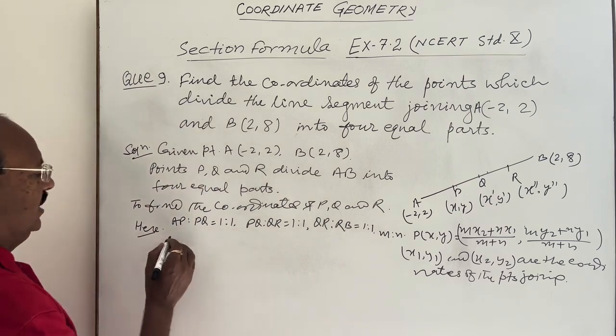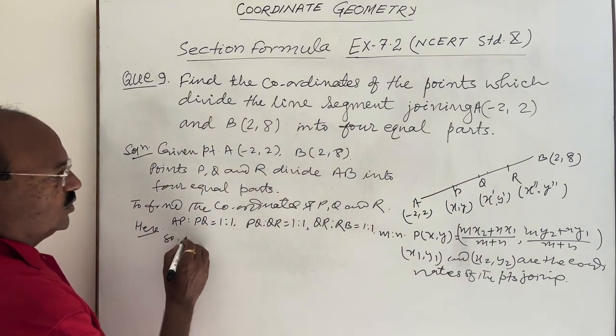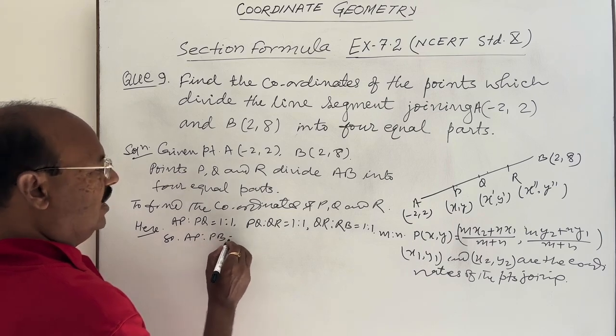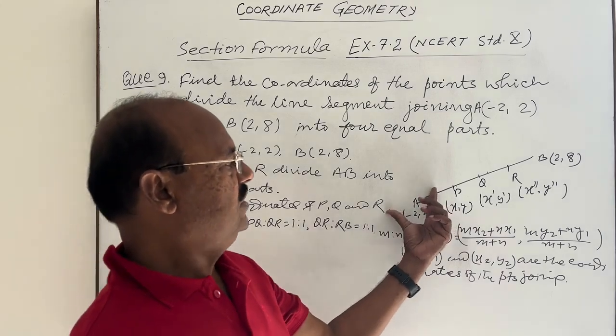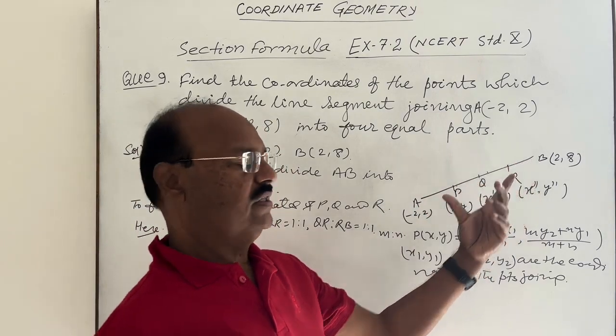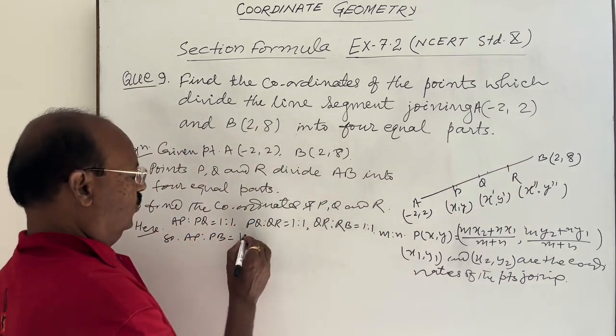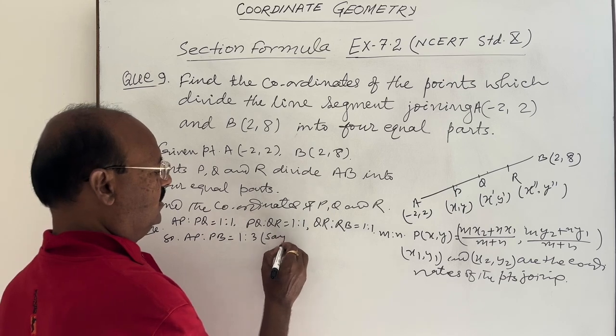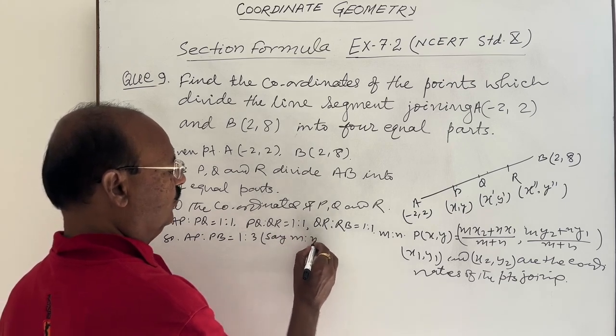So what will be the ratio AP is to PB? This is 1 part and this side there are 3 parts. So this is 1:3. Suppose this is m is to n.